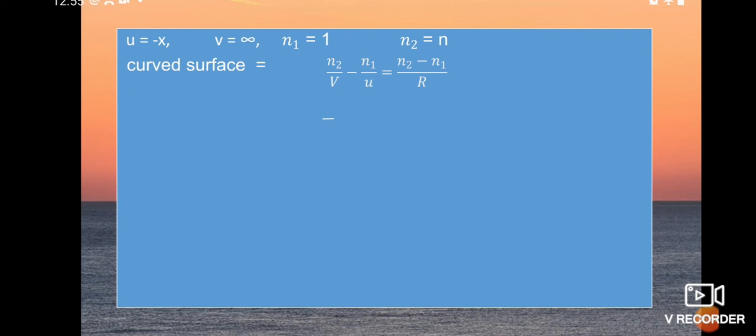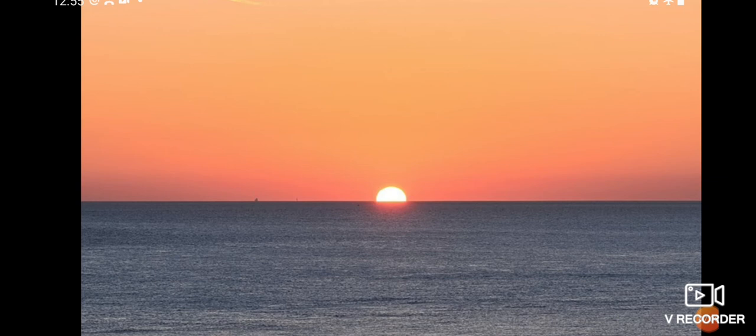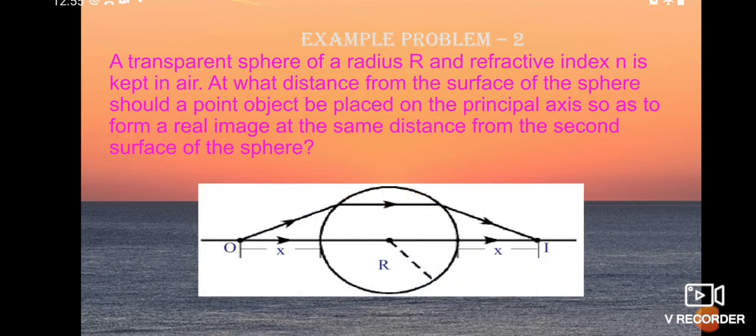That's why, according to sign conventions, we have taken minus x. And v is taken as infinity because if you observe in the diagram, here we have taken only the left side portion of the diagram. So if the ray is traveling parallel to the principal axis, the rays meet at infinity.